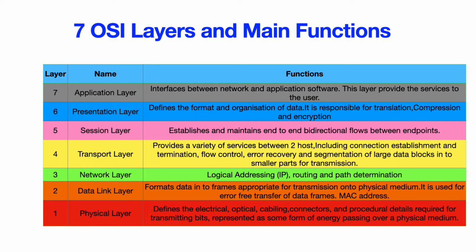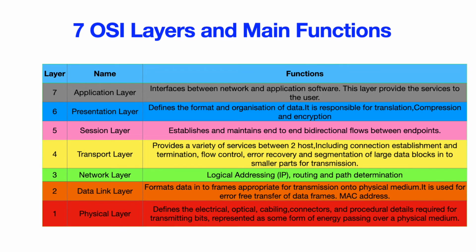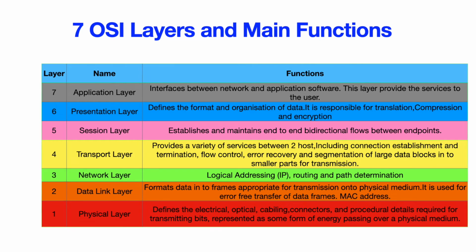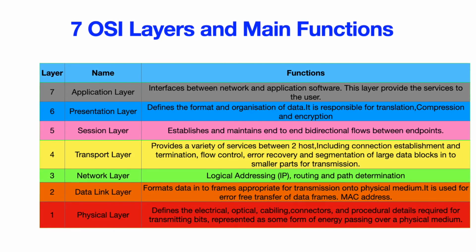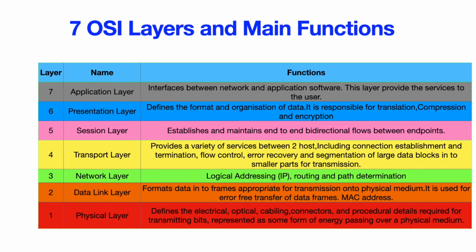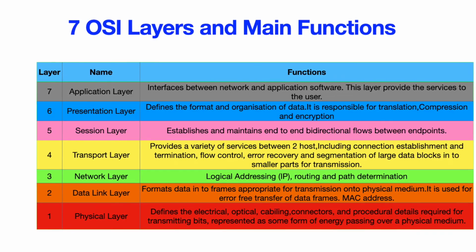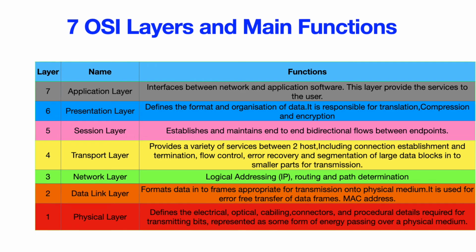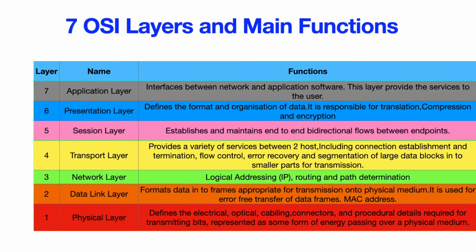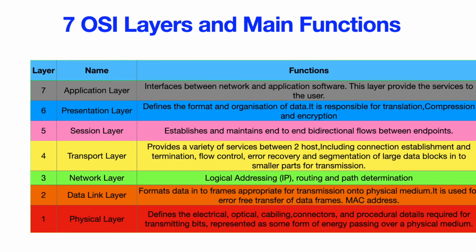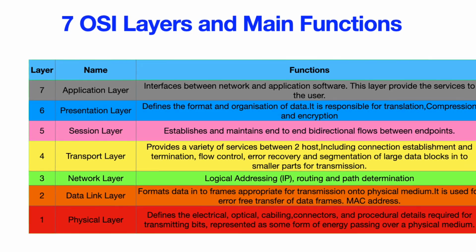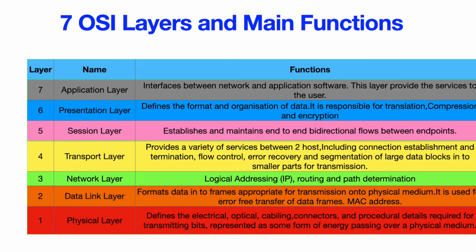So guys, every layer has its own functionality. In short, the physical layer is mainly responsible for transmitting bits to the physical medium. The data link layer helps with error-free transfer, and the network layer is mainly for logical addressing, routing and path determination. And layer 4, the transport layer, is mainly for segments. It divides large data blocks into smaller parts for transmission.